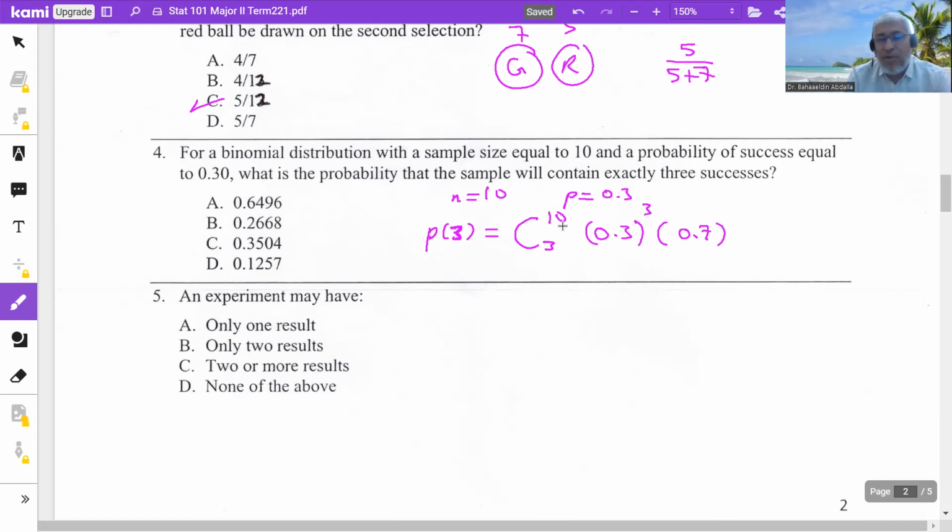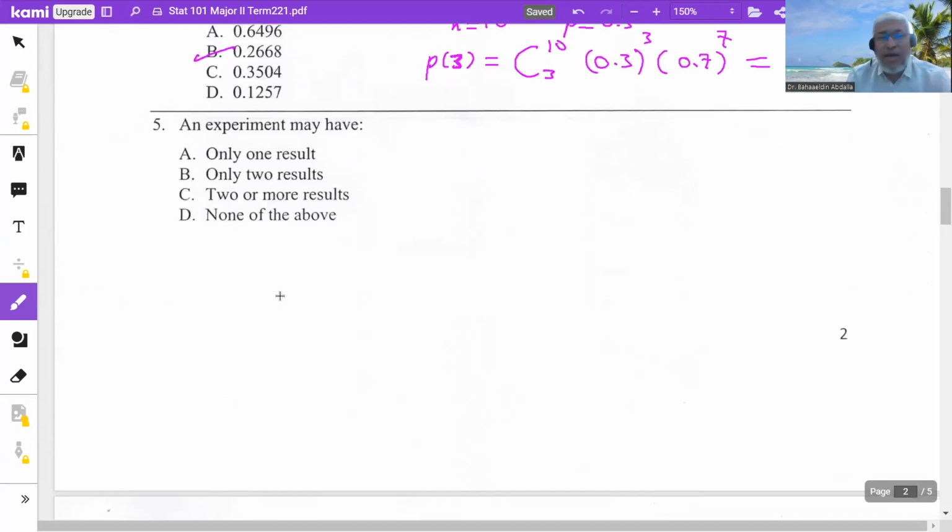And we raise it to the power 10 minus 3, which is 7. So this is the formula of the binomial probability distribution. We can use the calculator and make sure that the answer in this case is 0.2668.